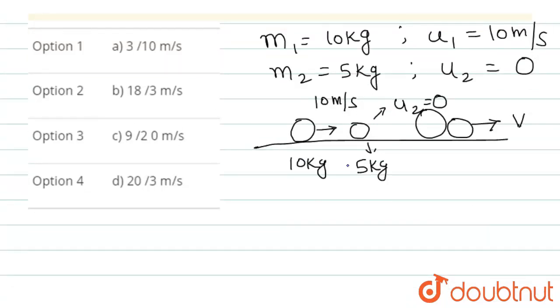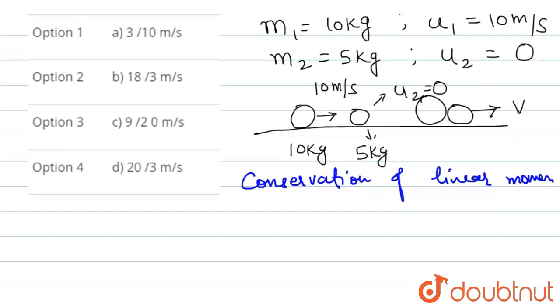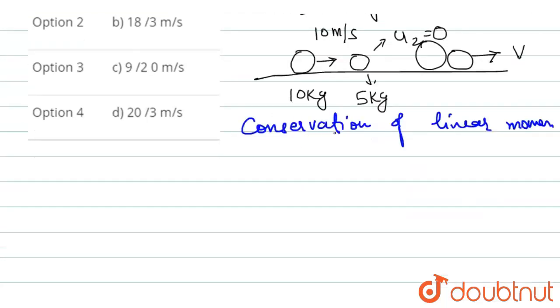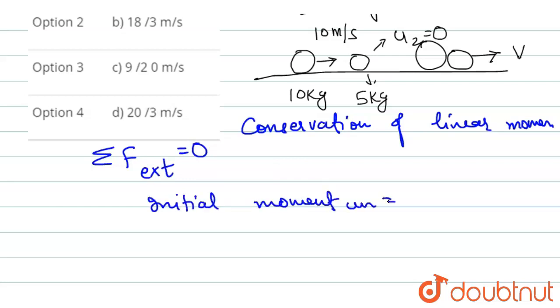In any type of collision, we can always apply the conservation of linear momentum for a system of bodies, provided no external forces are acting on it. So over here, since the external force acting is equal to 0, we can say that the initial momentum of the system is equal to the final momentum.